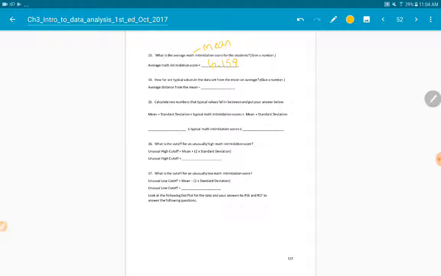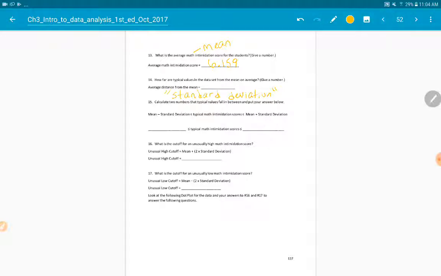Now for 14, how far are typical values in the data set from the mean on average? That's kind of fancy lingo to mean the average distance from the mean, which is the standard deviation. So let's look back on that page.